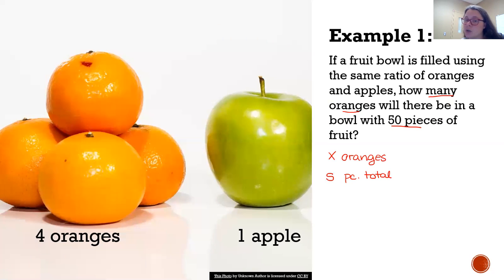Is there a ratio that we can write using the information from the graphic that has oranges to total? Well, there is. We know there's 4 oranges to 5 pieces of fruit altogether. So that's going to be equal to X oranges. So I notice there's 4 oranges. I'm going to line the X up with the oranges divided by 50 pieces total.